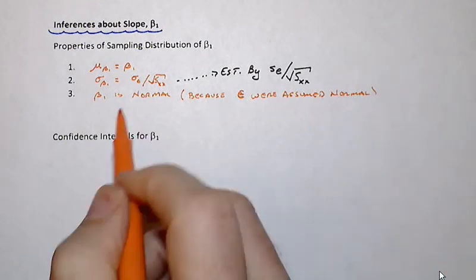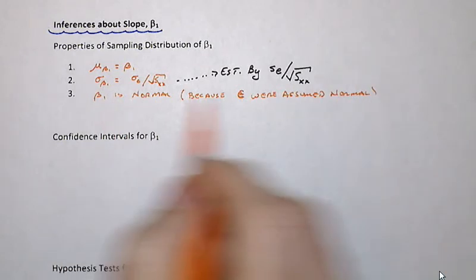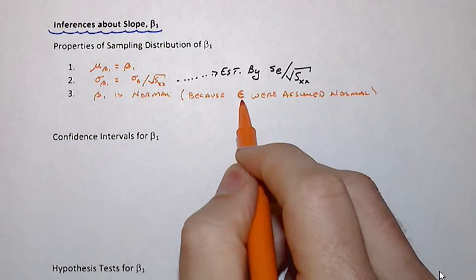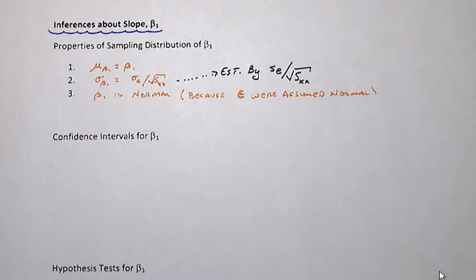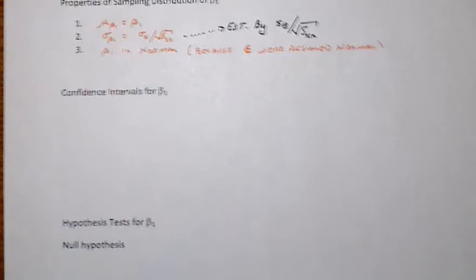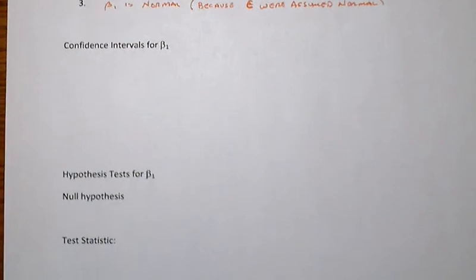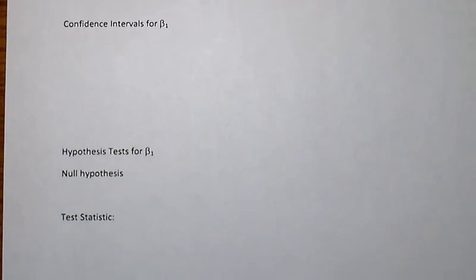So this is not an extra assumption so long as the error terms are actually normal from the very beginning. Those three things will allow us to develop confidence intervals for our slope term and hypothesis tests for the slope term in a fairly straightforward fashion.